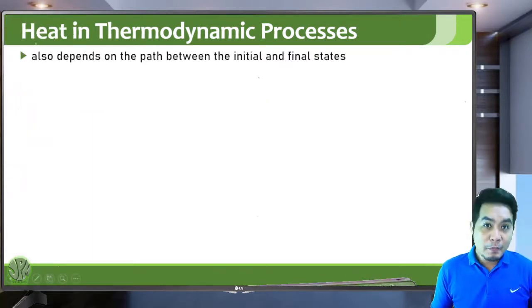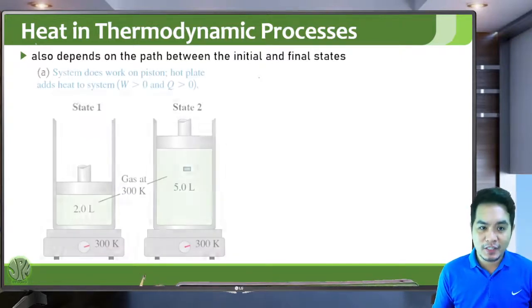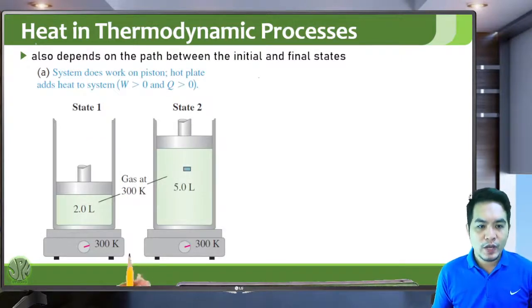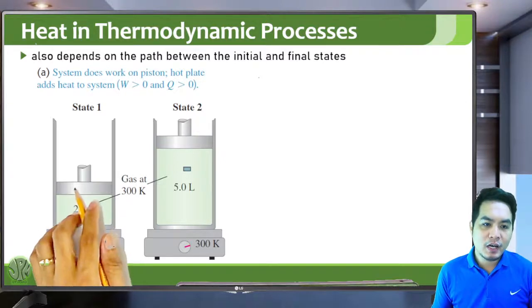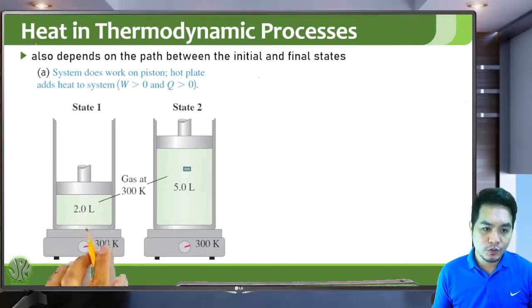The same as with work, the heat in a thermodynamic process also depends on the path between the initial and final state. So in this example, we have a hot plate and a gas, and there's a movable piston here, meaning the volume of the gas is allowed to change. The hot plate gives heat to the gas.